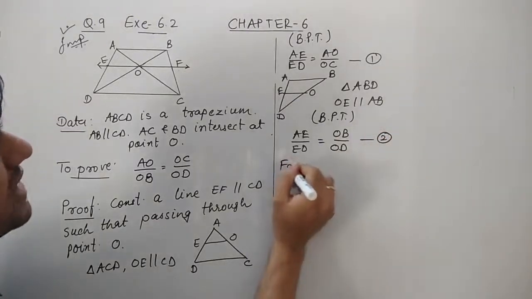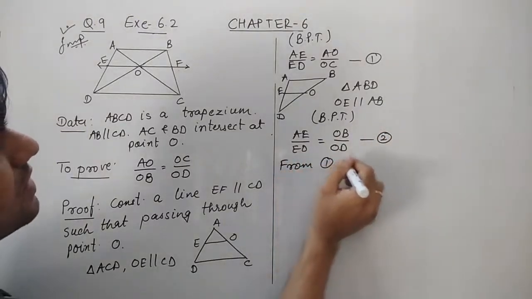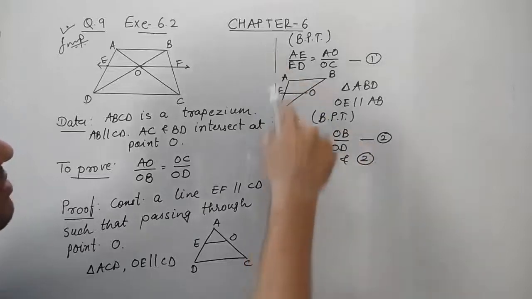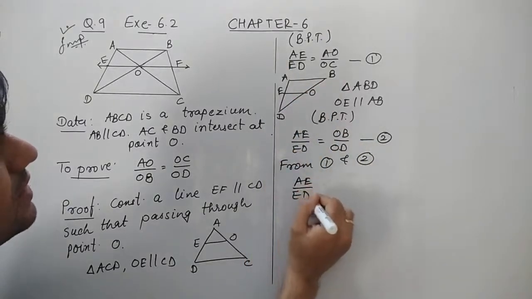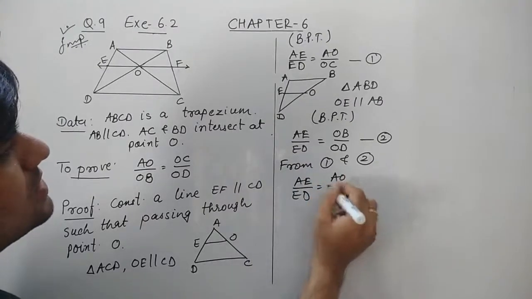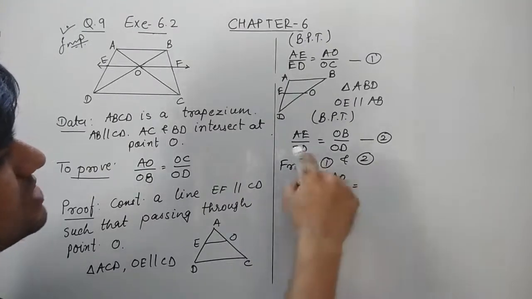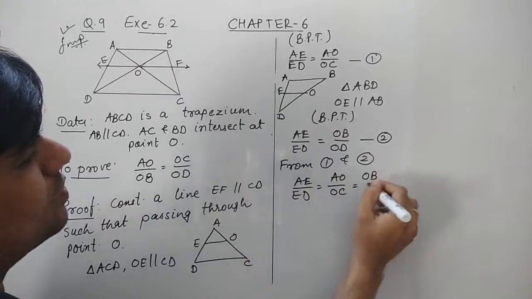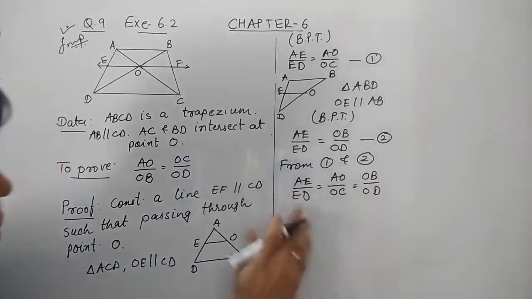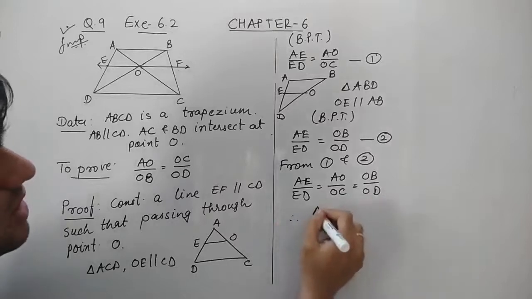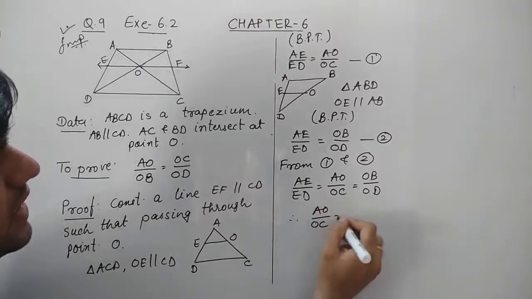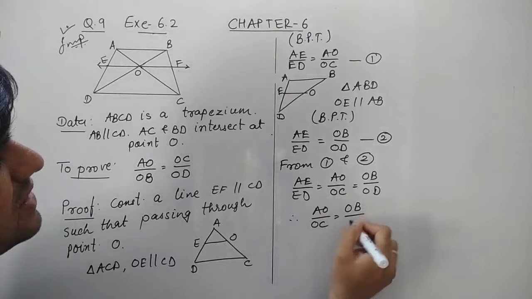So again, you observe the equation 1 and 2. These are the common sides. So AE upon ED is equals to AO upon OC, and this value is same as OB upon OD. So I won't write this. So now these are the two ratios of the sides which we require. But look at the question.